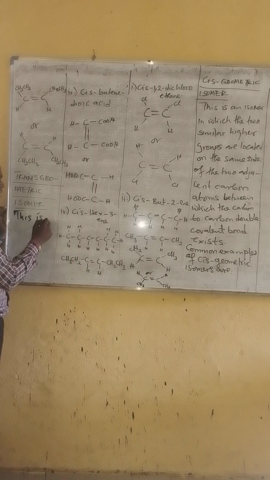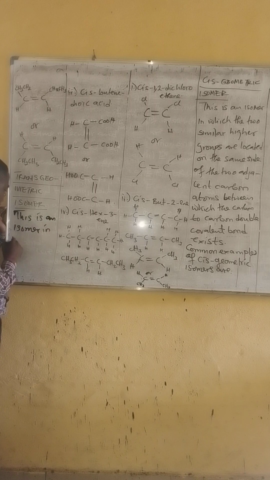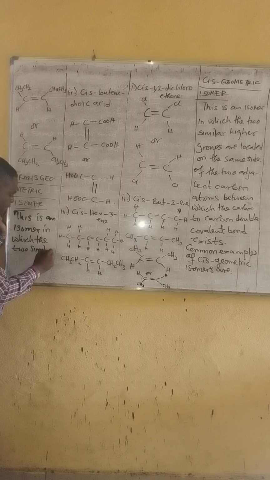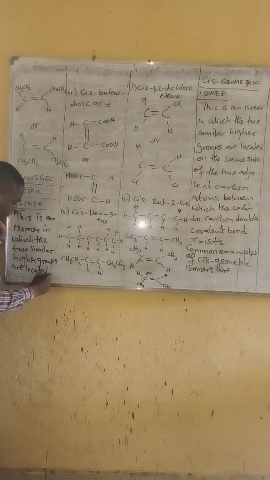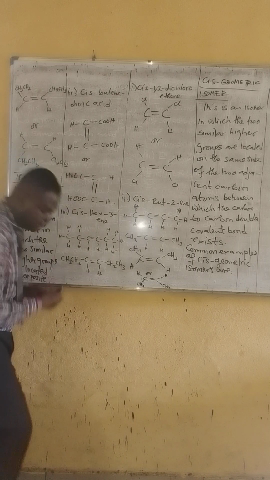Now, this is an isomer in which the two similar higher groups are located at opposite sides.